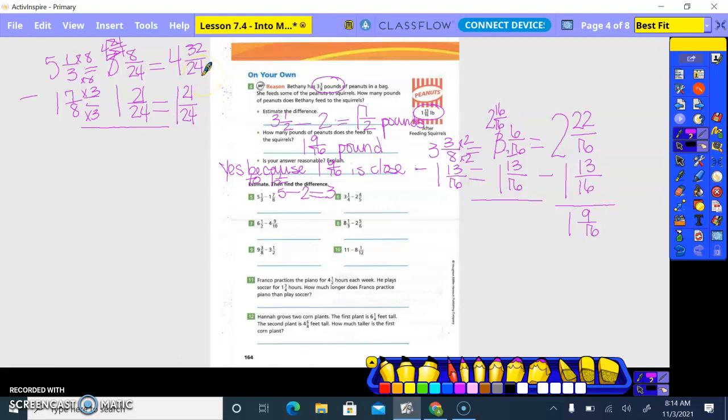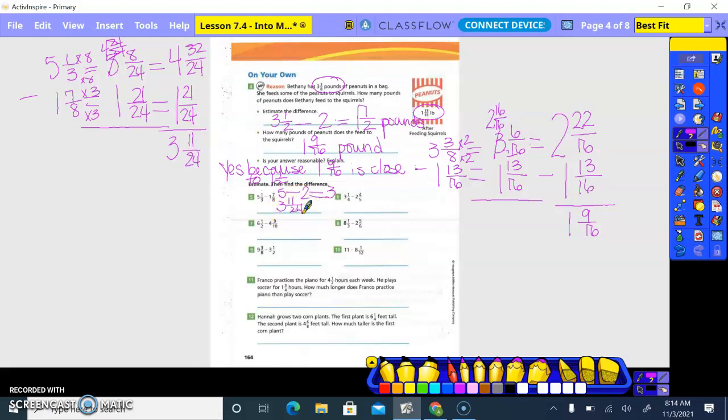Okay. So what's 32 minus 21? 11. And then over 24. And then 3. Can I simplify that? Nope. So my answer is 3 and 11/24. Okay.